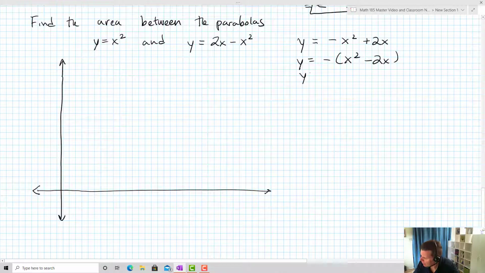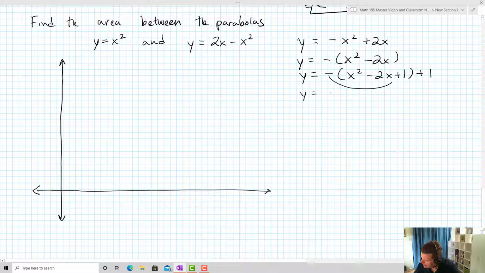And then we're going to complete the square. So it's going to be negative x squared minus 2x plus 1. And remember with the negative, we also have to make this a plus 1, because this will give us minus 1 and then plus 1. So y is going to equal negative, excuse me, not x squared, but x minus 1 squared plus 1.